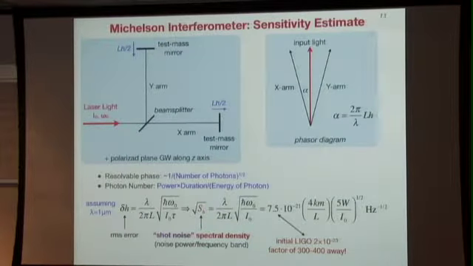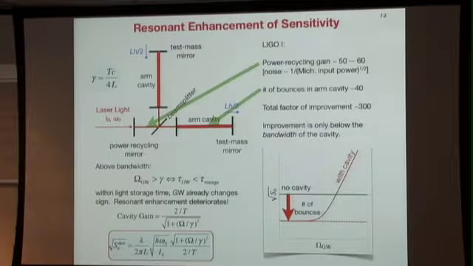So then you can think about the reason why there's an arm cavity and the so-called power recycling cavity in front of the LIGO mirror. The reason that you have these nested cavities is that you always make the cavities on resonance. Therefore the power here is bigger than the power here, and the power here is bigger than the power here.